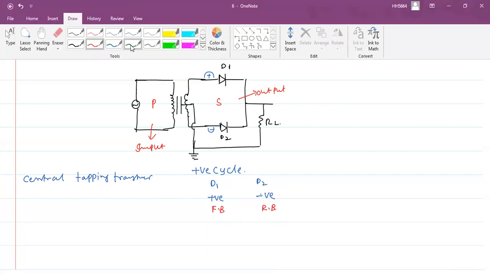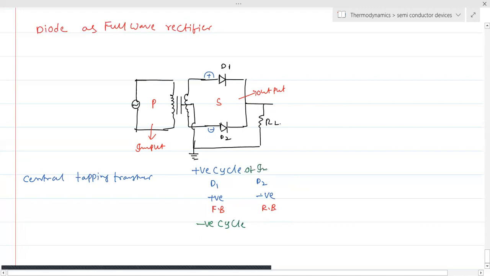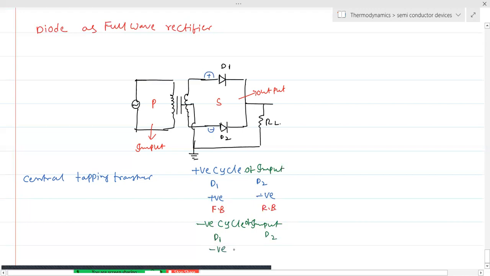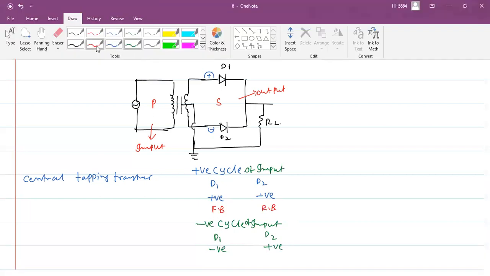Now we focus on the next cycle, the negative half cycle of the input. For the negative half cycle of input, the transformer alters the potentials on D1 and D2. Sometimes D1 will be negative and D2 will be positive.